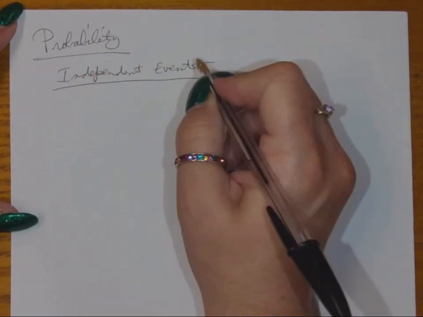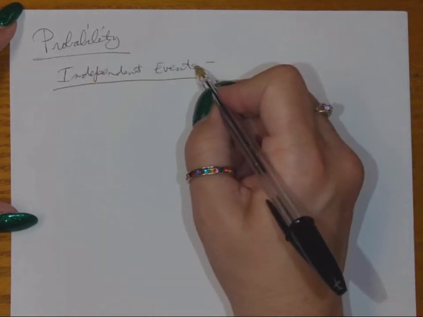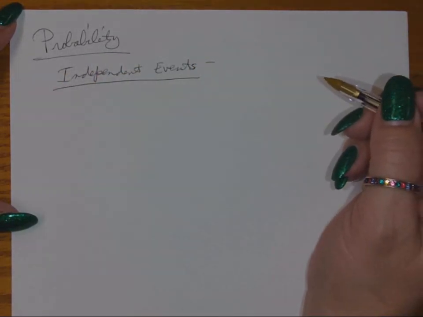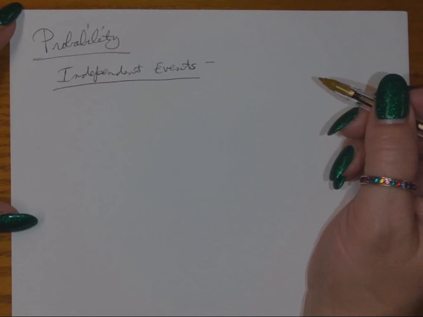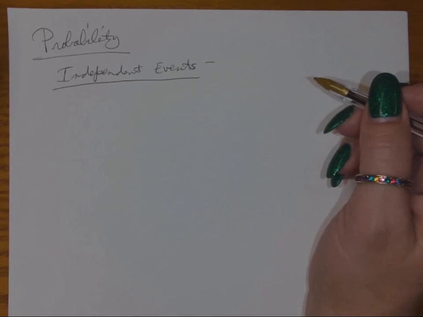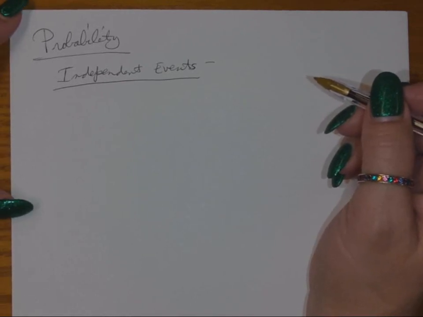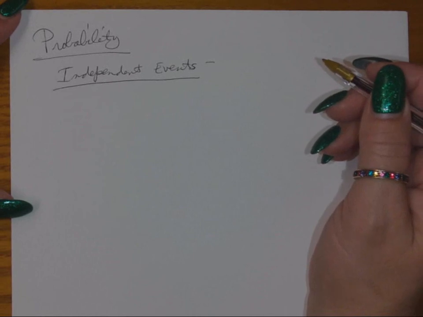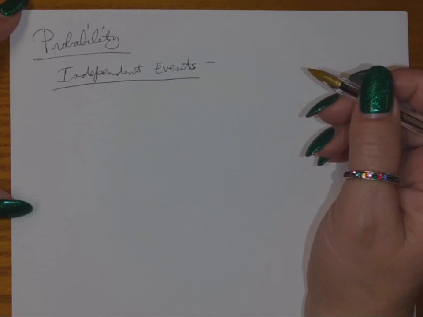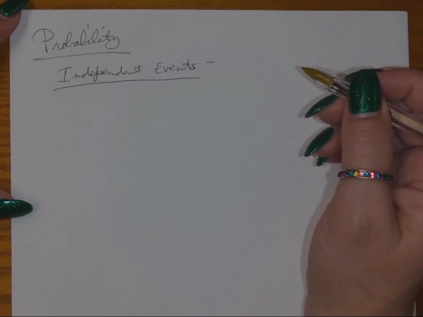Okay, independent means you can do whatever you want, right? You don't care at all about what's happening with the other one. So for instance, if I roll two dice, two six-sided dice, and each of them has a 1 in 6 probability of getting a 3, then I want to know maybe what's the probability that whenever I roll those two dice I'll get 2 3s.